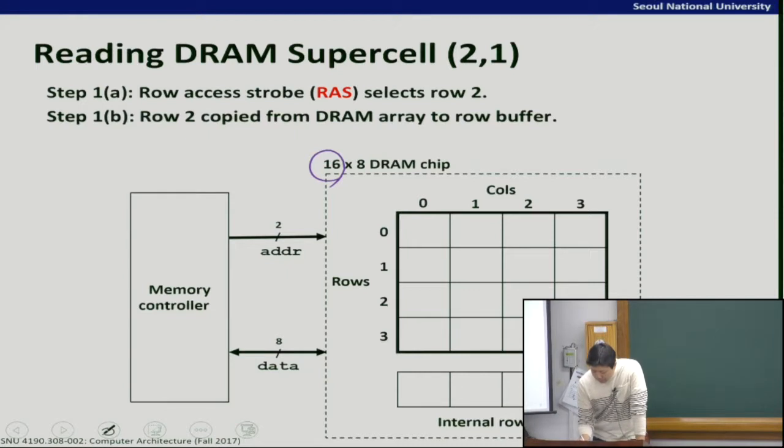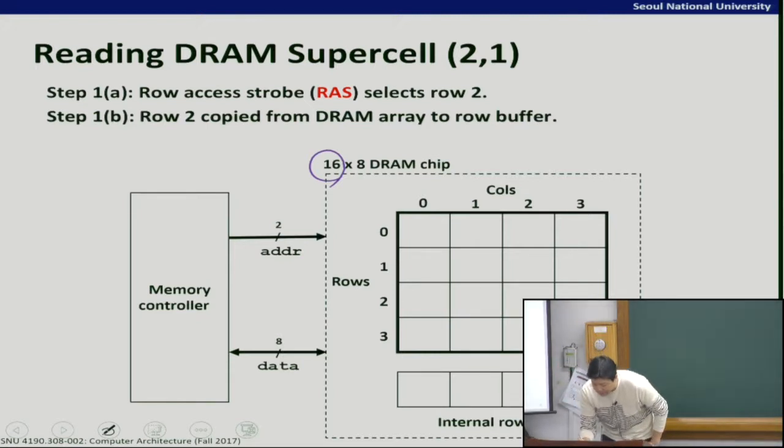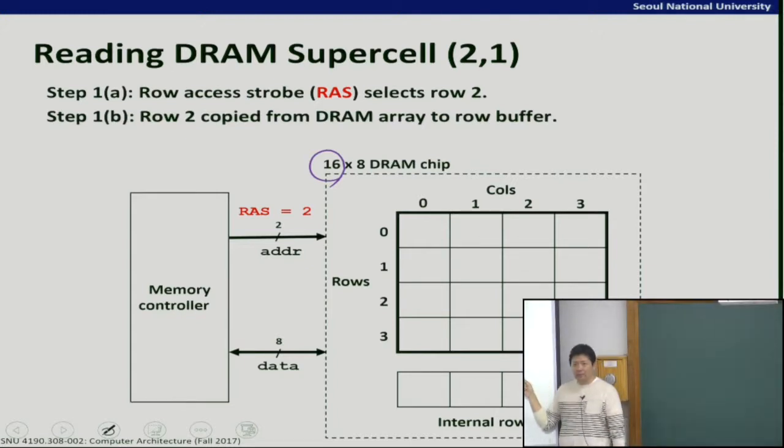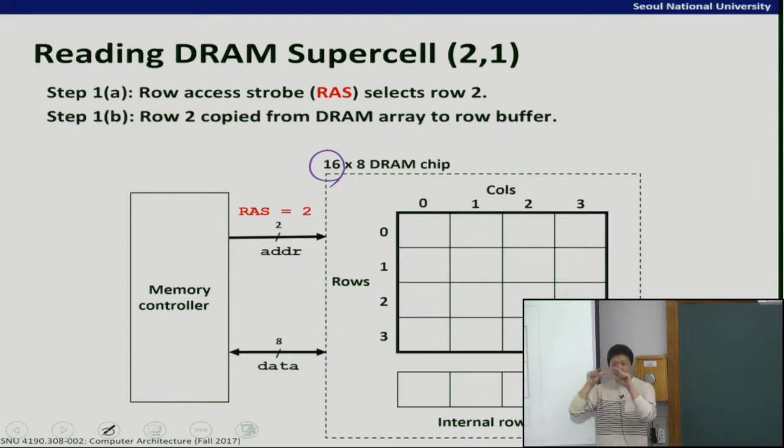So we first send the address of the supercell, and then the data comes back after a little bit of delay, of course. In step 1, we first send a message called a row access strobe, or RAS, to select row 2. RAS is the row address strobe, which selects a specific row.